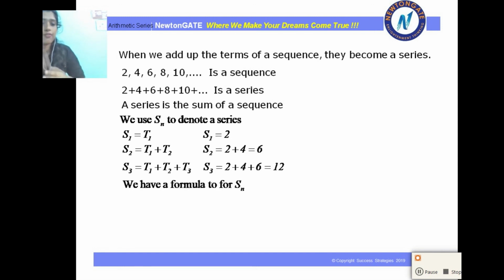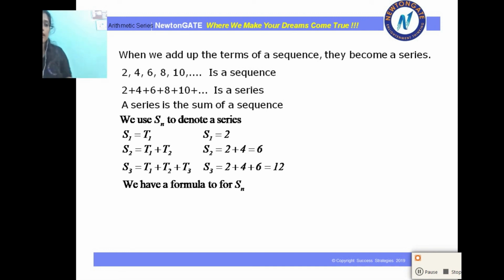So if we continue like this, we cannot go on adding individual numbers in general. So we have a formula for Sn as well. This is the second formula we are coming to, which we have to remember. Arithmetic series has only two formulas. The first formula, which we have already covered, is for the general term.